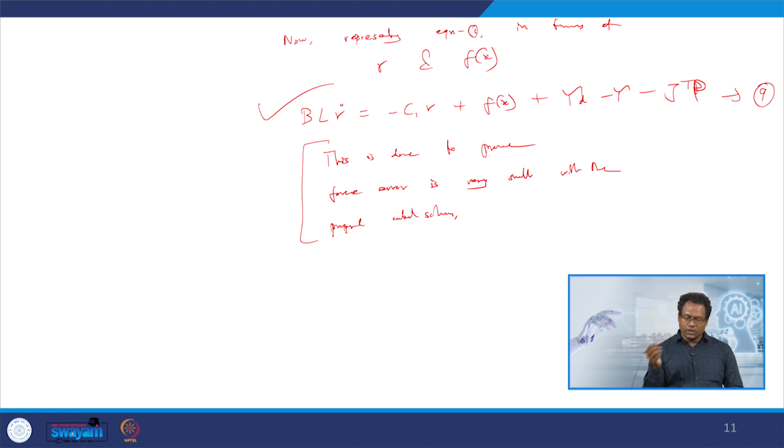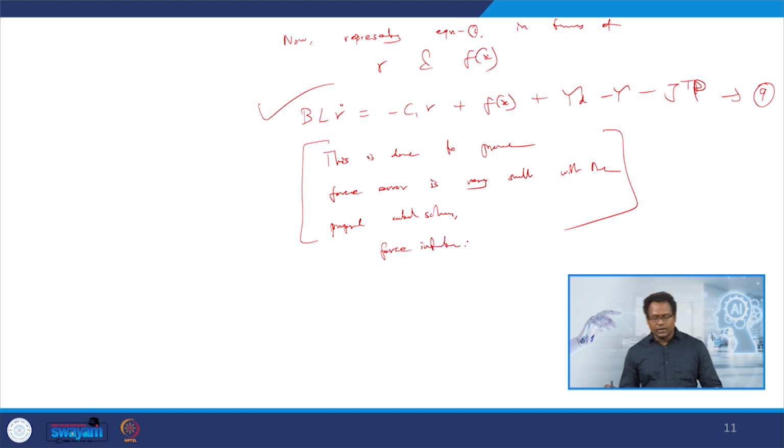Also, we must note that equation number 1 also has the force vector, so we need to work with equation number 1 too, which contains the force information. I repeat clearly, equation 9 is obtained to make the force error much smaller by the proposed control scheme. We also need to work with equation 1 that has force information, that is all.